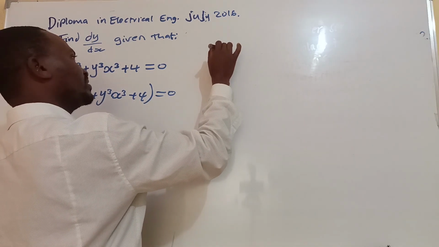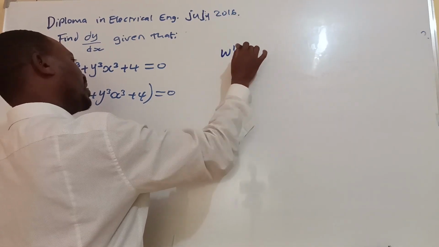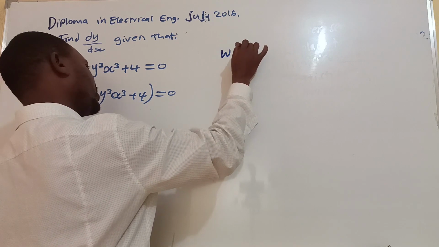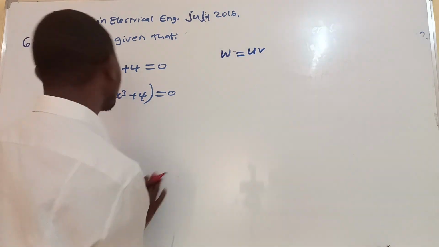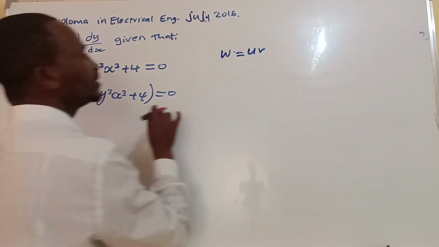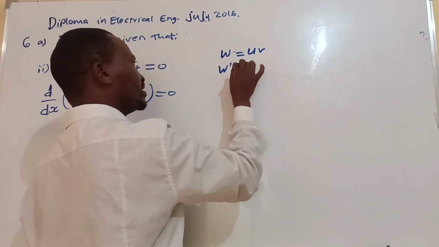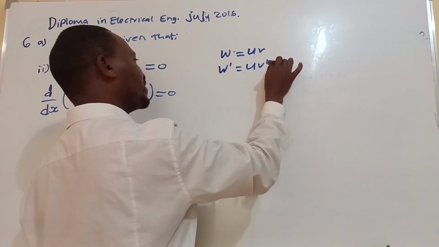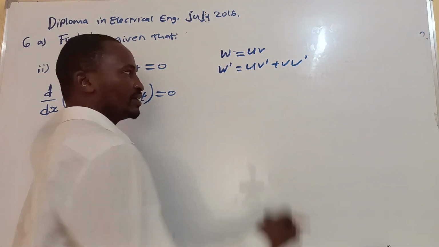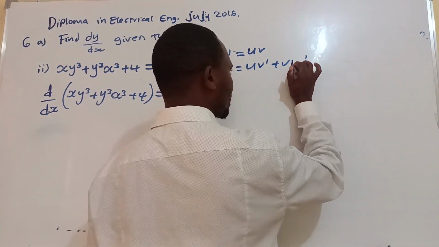And remember, you have said the formula for product rule. Given w is uv, I'm avoiding using y because we already have y here. w prime is u v prime plus v u prime. I think this is a formula we have stated so many times.